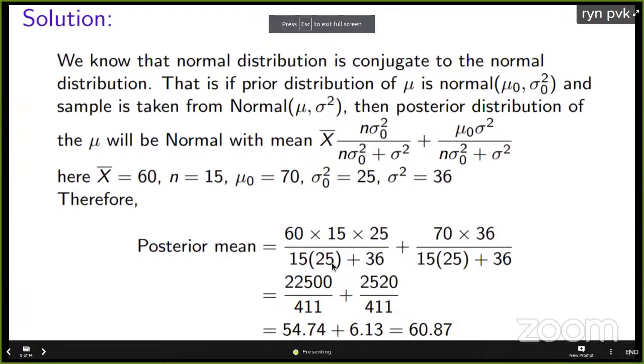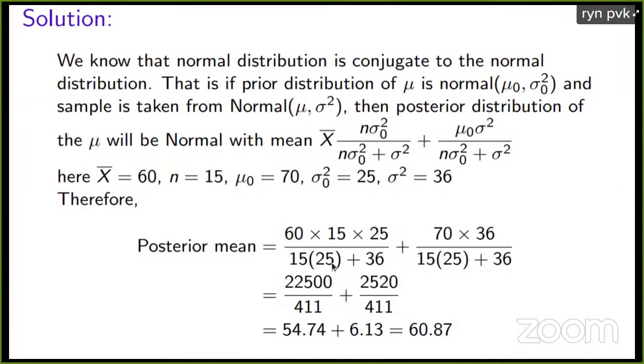So we know that the normal distribution is a conjugate prior for the normal distribution. That means if we have a normal prior, then it is conjugate to the normal likelihood. In this case, the prior distribution of mu, which is the unknown parameter, is normal with mu naught and sigma naught square, and the sample is taken from a normal distribution with mean mu and variance sigma square.